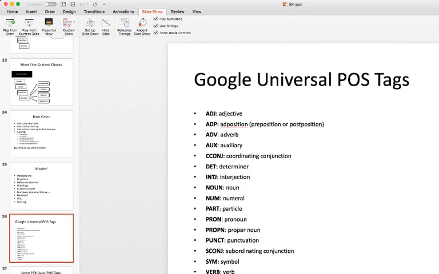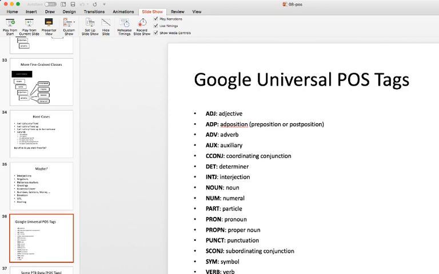A lot of people, though, use the Penn Treebank part of speech tag set, and it's much more rich. Instead of having 17 parts of speech, it has like 50 parts of speech.